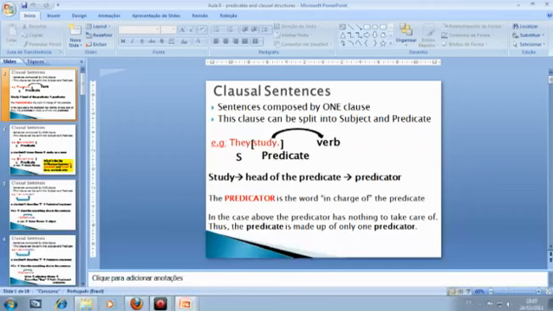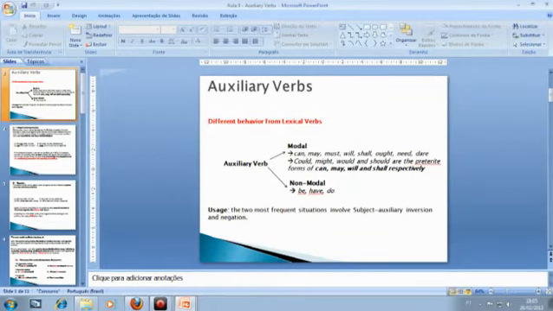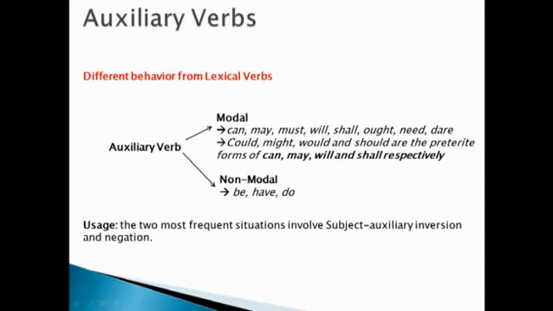And let's finally take a look at our next and final topic for the exam, which is auxiliary verbs. Auxiliary verbs can be split into two basic groups, the modal ones and the non-modal ones.